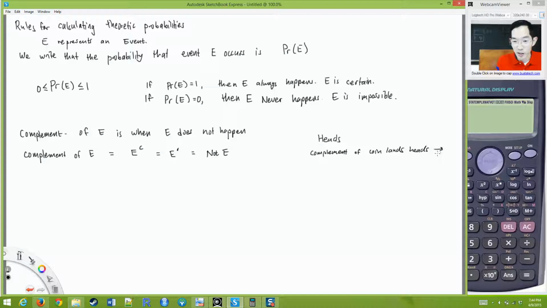The complement of the coin landing heads would be the coin does not land heads. Okay? And so that would include every possibility, most of them being the coin lands tails, but anything else, such as the coin disintegrates mid-air because a missile exploded or something, whatever, okay? So everything else other than the coin landing heads would be in the complement of the coin landing heads.